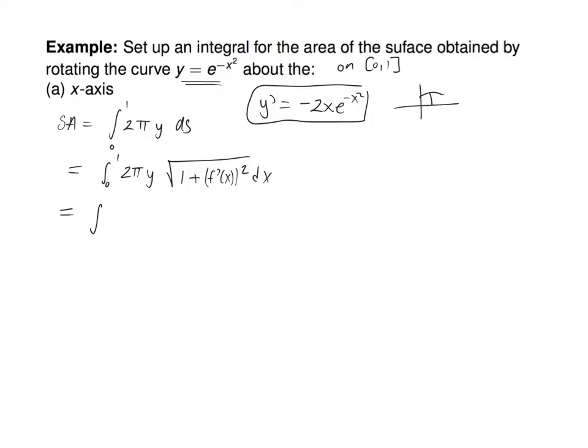Okay, and if you're going to use x's, what has to go in for y? What has to go in for y is e to the negative x squared. And then we'll have 1 plus 4x squared e to the negative 2x squared.